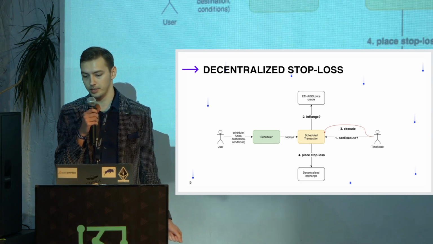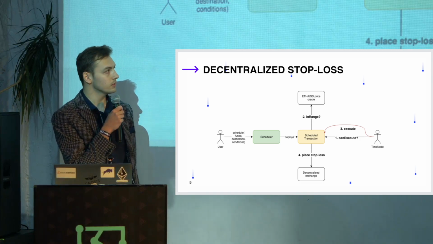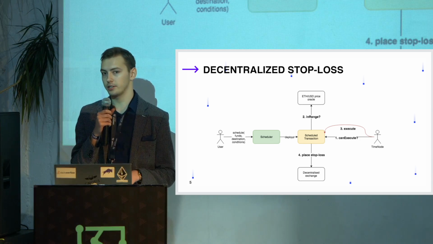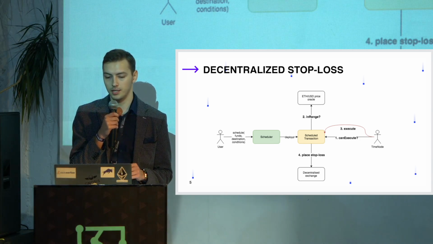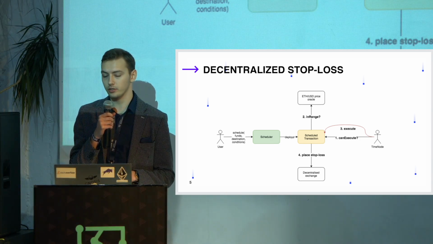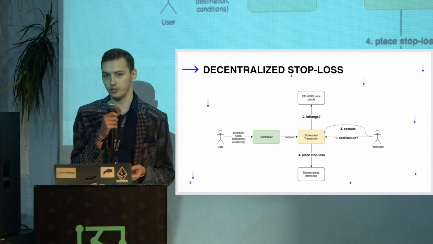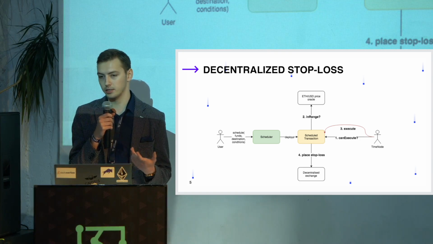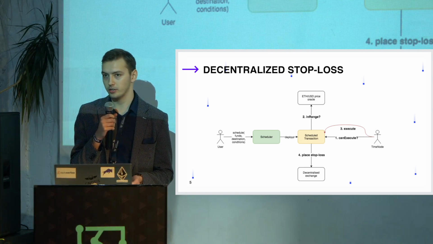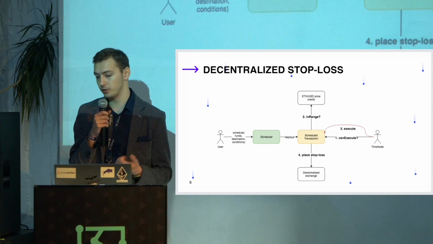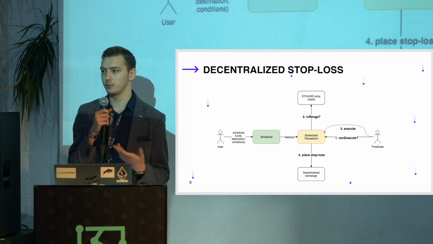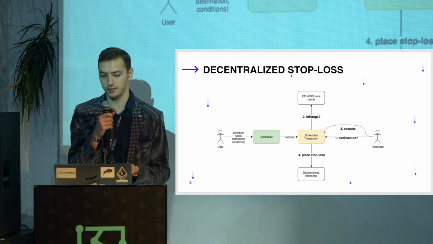We had a POC done on this, but it is possible to create a decentralized stop-loss mechanism, and it has some limitations. Some limitations are because of signing messages, so you cannot do this on every exchange. But with 0x you can, because 0x V2 allows for really interesting stuff.